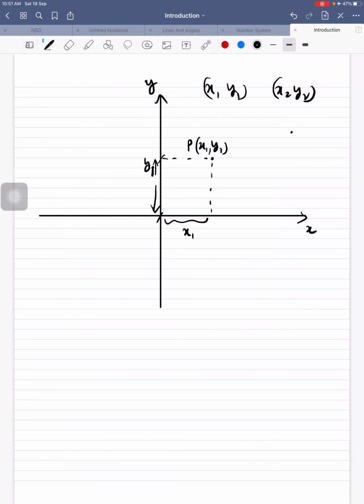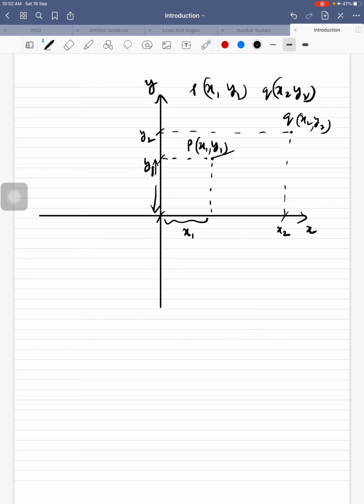Now let this point be x2, y2, and let this be called Q. From the origin to here is x2, and from the origin to this point is y2.